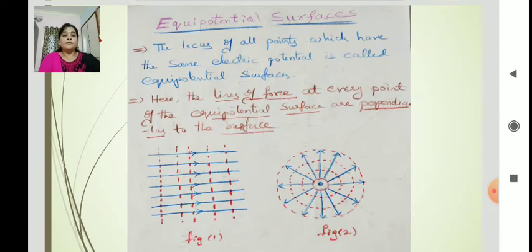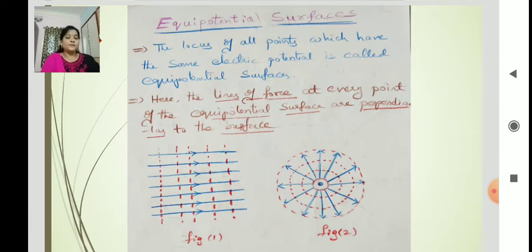Now let me say this: electric equipotential surfaces. What are equipotential surfaces? Equipotential means points having the same potential. Equi means same.